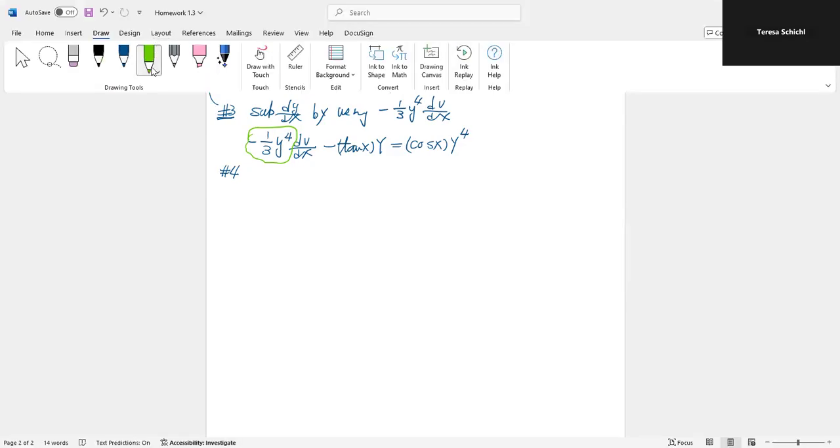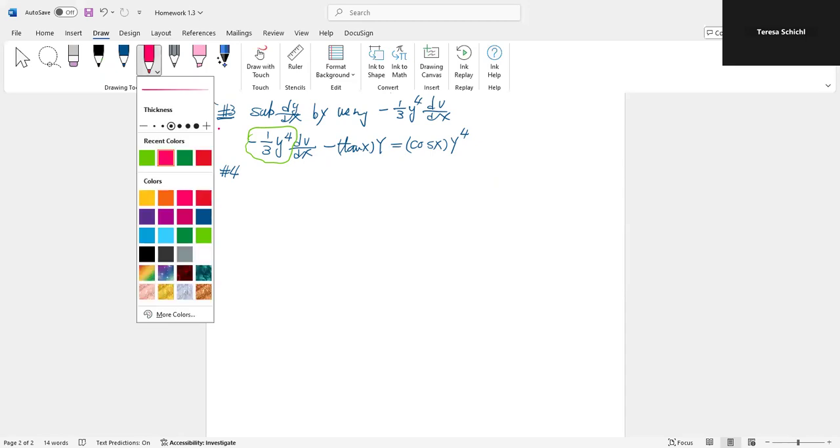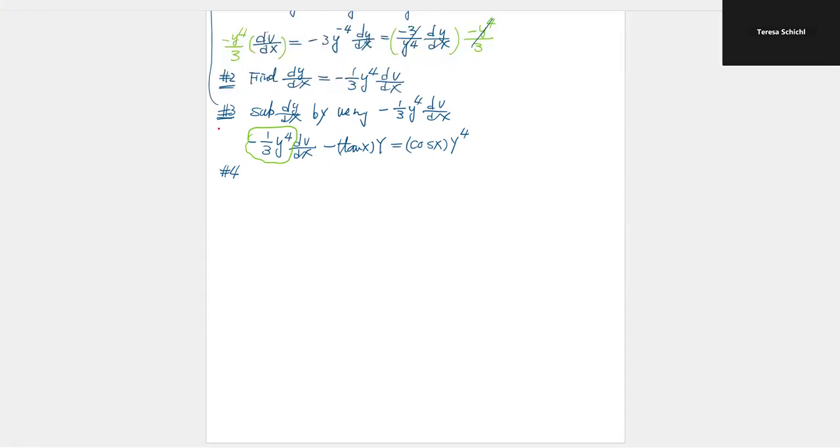What I can do is multiply both the right-hand side and the left-hand side of the whole equation by -3y^-4.